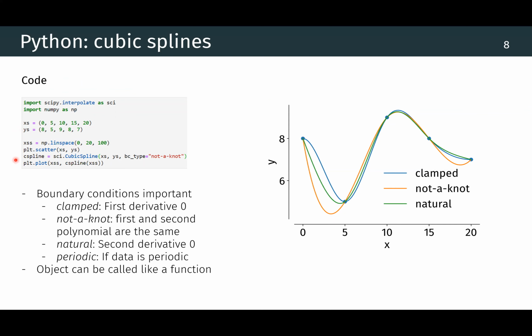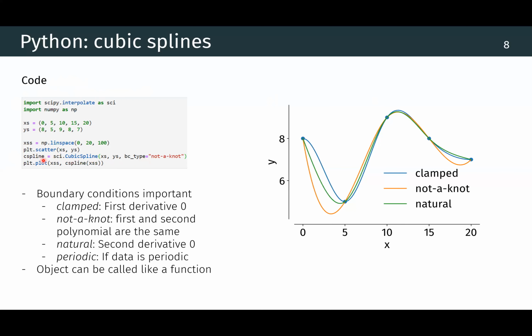And if you focus on this line first, where the red dot is, then this is the idea. You get some object, the C-spline object, which you build by calling cubic spline, and you give it the x values, the y values, and some argument that specifies the boundary conditions.